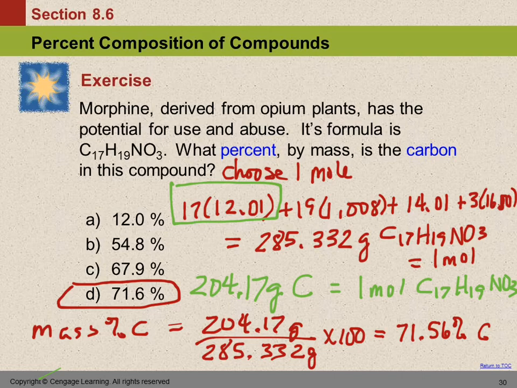But for multiple choice, you choose the best answer. 71.6 and 71.56, the only difference is that they've used 3 sig figs and I've used 4. I would not say, well, that's not exactly what I got, I'm not going to choose that one. That's why I'm not a big fan of none of the above, because here there is no none of the above, so you can't choose that one. If you came up with a number like 1.5%, then none of the above might be a good thing.